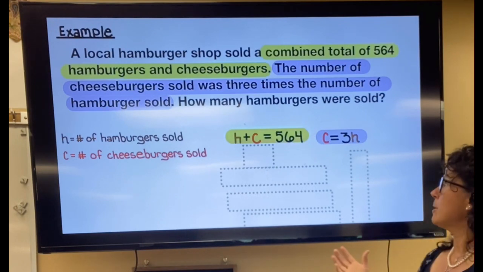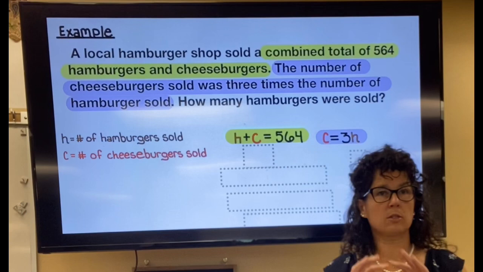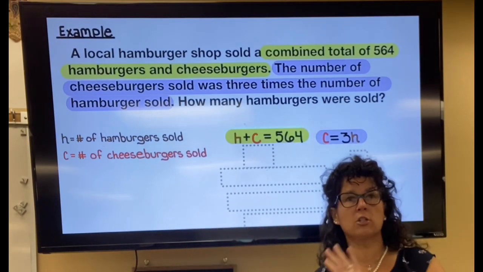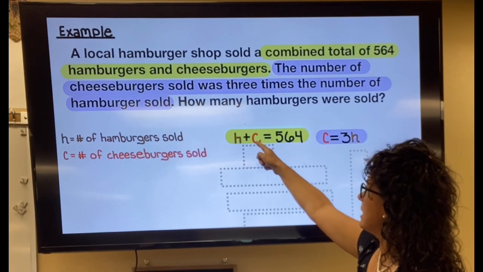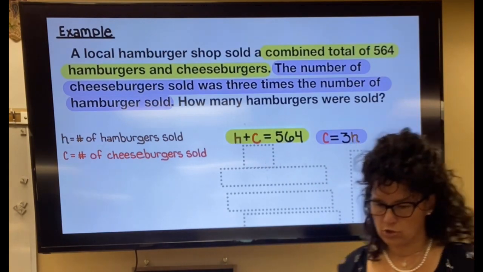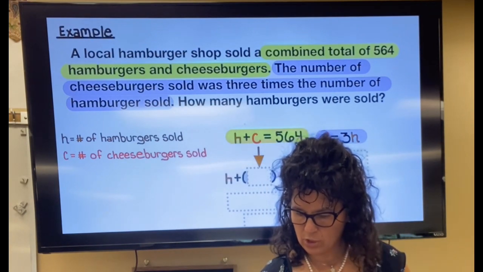Now that I have my two equations, we're going to go in and make a substitution because we need an equation that has all H's or all C's. So let's replace this C with 3H. Okay, so making that substitution.